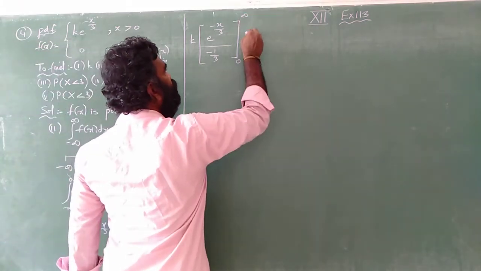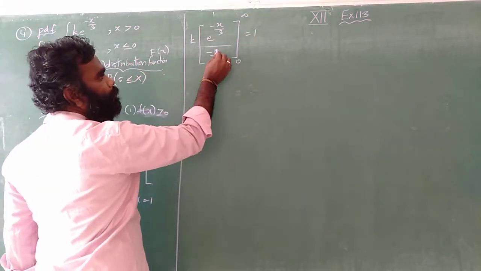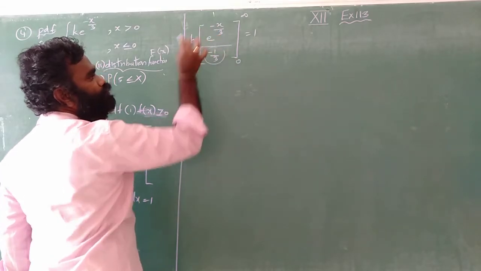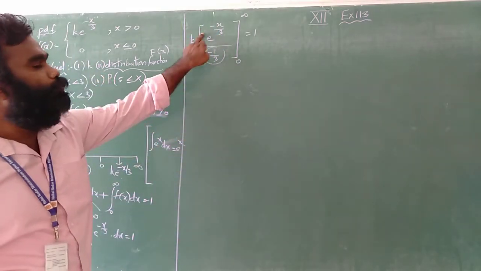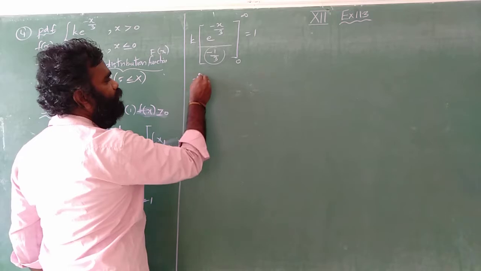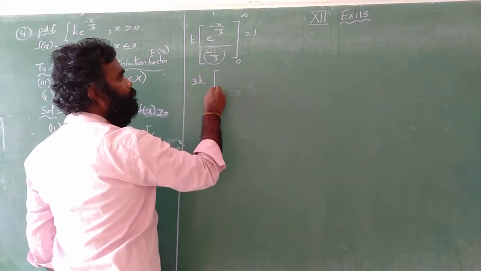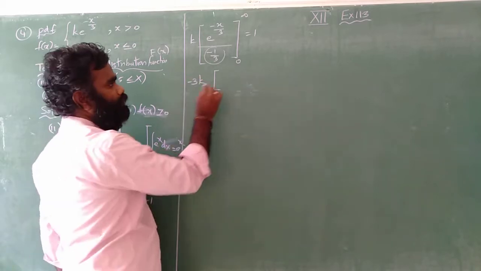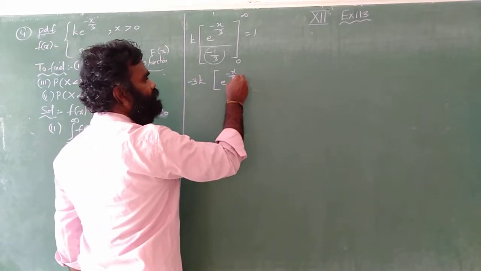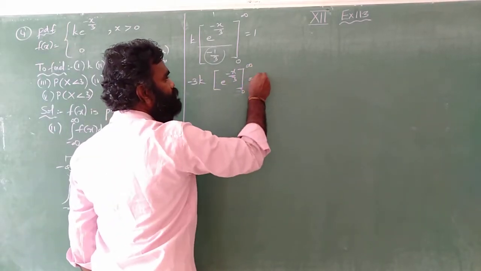This minus 1 by 3, the 3 moves upward, so it becomes minus 3k times e power minus x by 3, from 0 to infinity, equal to 1.